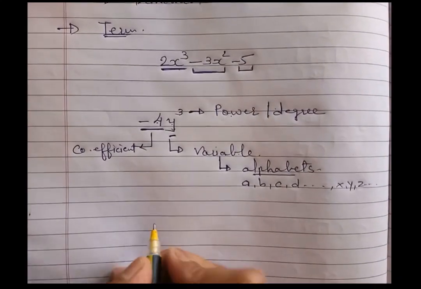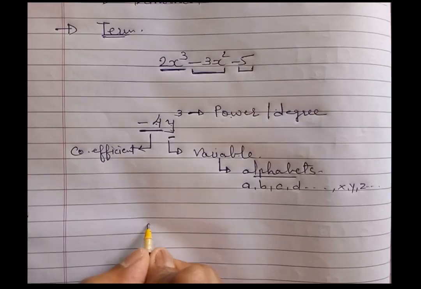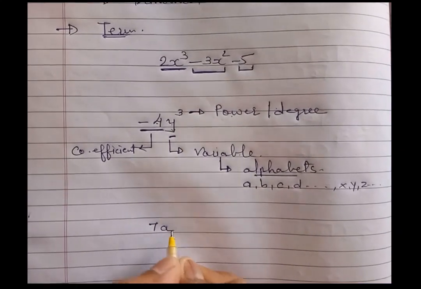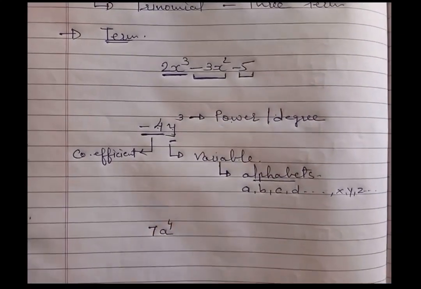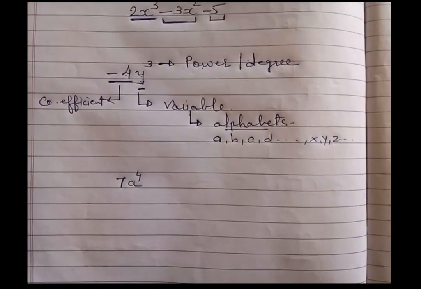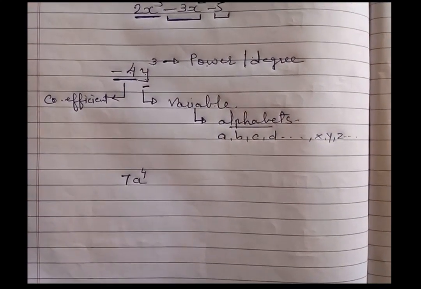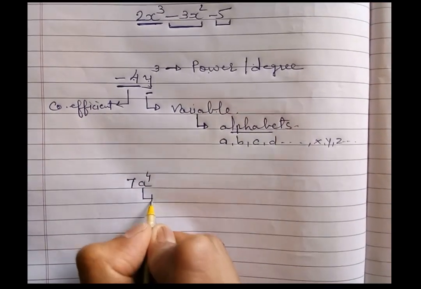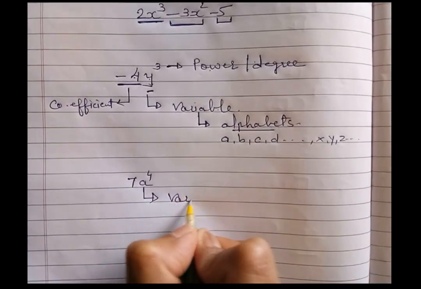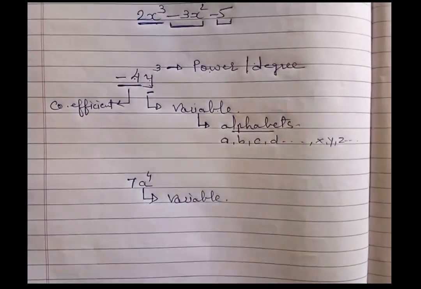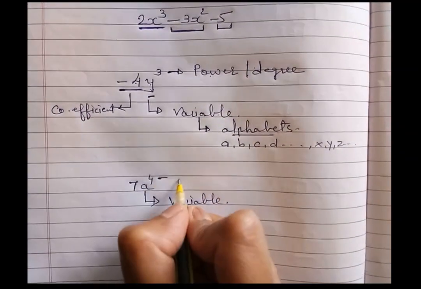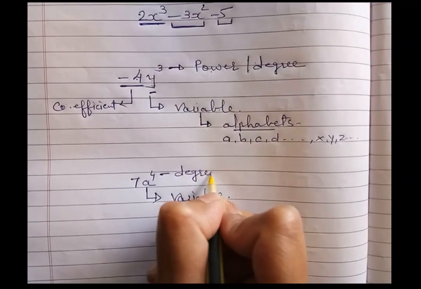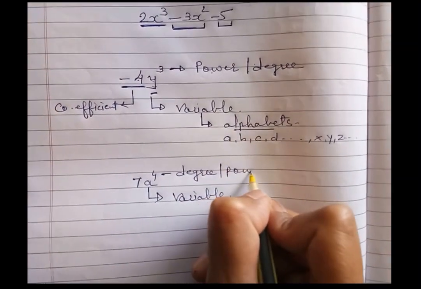Another example I will take is 7a raised to 4. Now for this 7a raised to 4, what is the variable? The variable is a, right? What is 4? 4 is the degree or power.